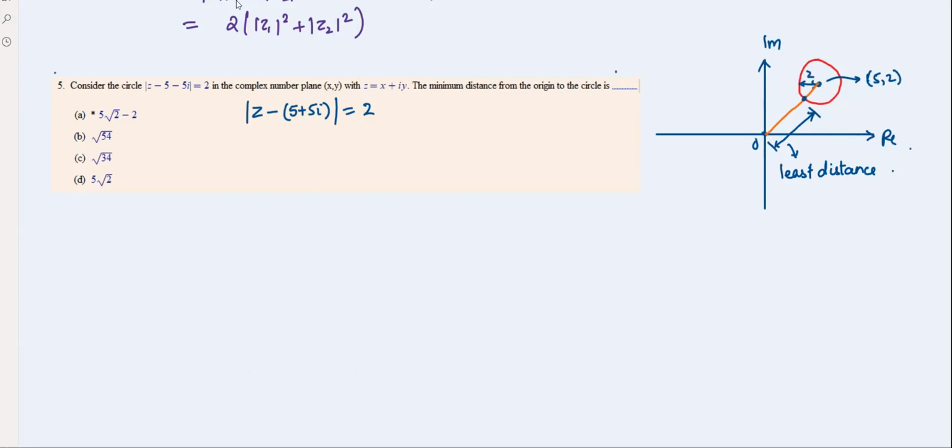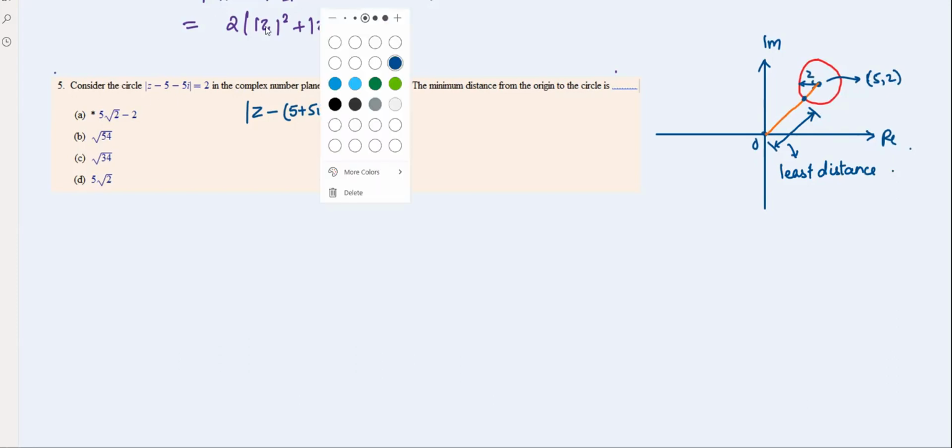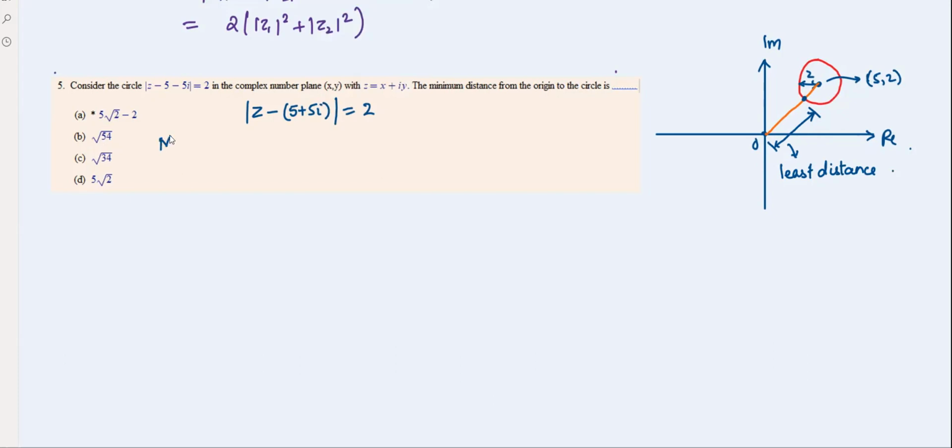Okay. So therefore, here the minimum distance from origin to the circle is, I'll call this center C, so OC minus 2 units, minus radius.